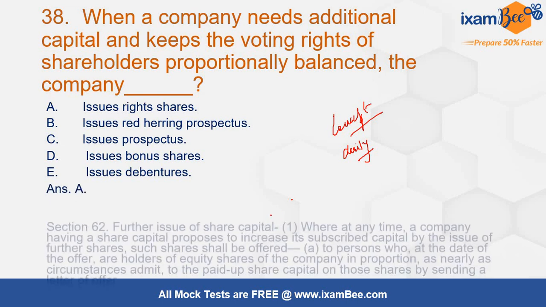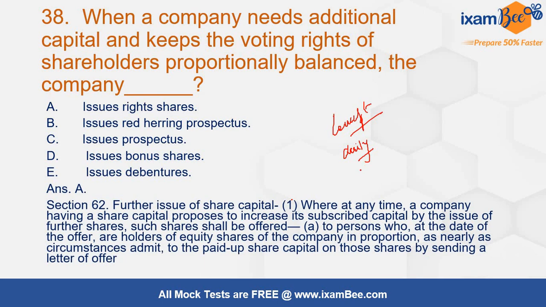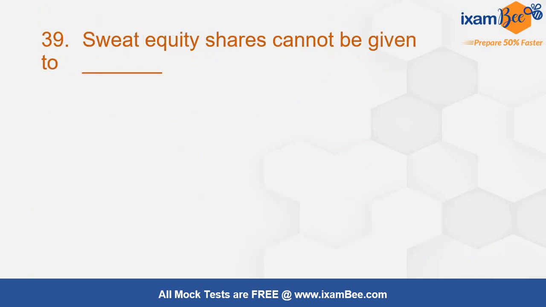Answer is issues rights shares. Now further issue of share capital, section 62 talks about the issuing of rights shares. Where at any time a company having a share capital proposes to increase its subscribed capital by issuing further shares, such shares shall be offered to persons who at the date of offer are holders of equity shares, in proportion as nearly as circumstances admit to the paid up share capital on those shares, by sending a letter of offer.